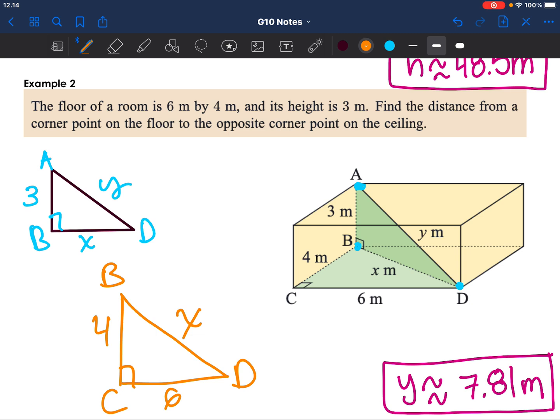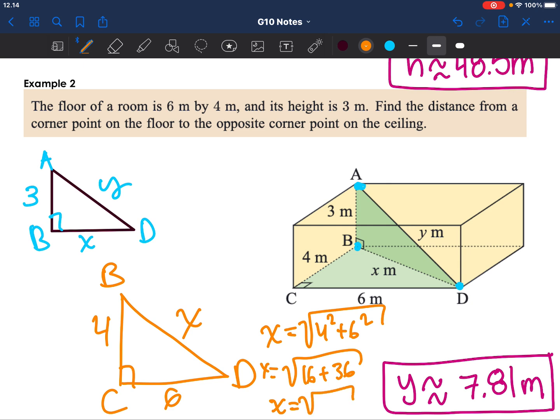Alright, so x is equal to the square root of 4 squared plus 6 squared. So that is x equals the square root of 16 plus 36. I'm going to leave it as that. X equals the square root of 52.